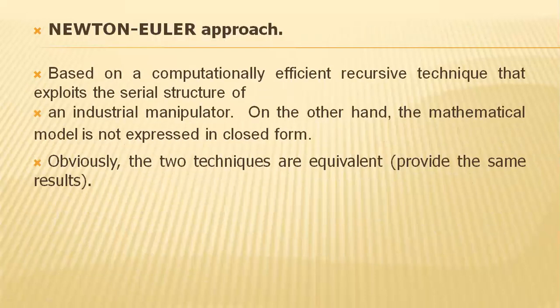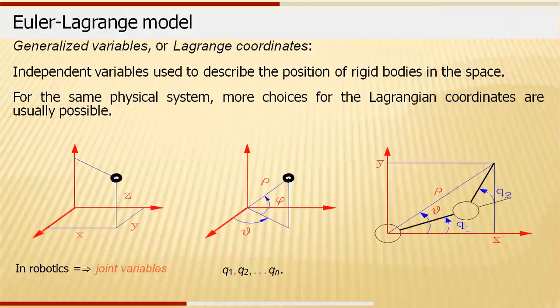Based upon this, a computationally efficient recursive technique exploits the serial structure of industrial manipulators. We can come across a mathematical model that is not expressed in closed form. Basically, we have two different techniques which are equivalent and provide similar results with respect to the manufacturing process or commencement of any actions related to robots and their types of links.